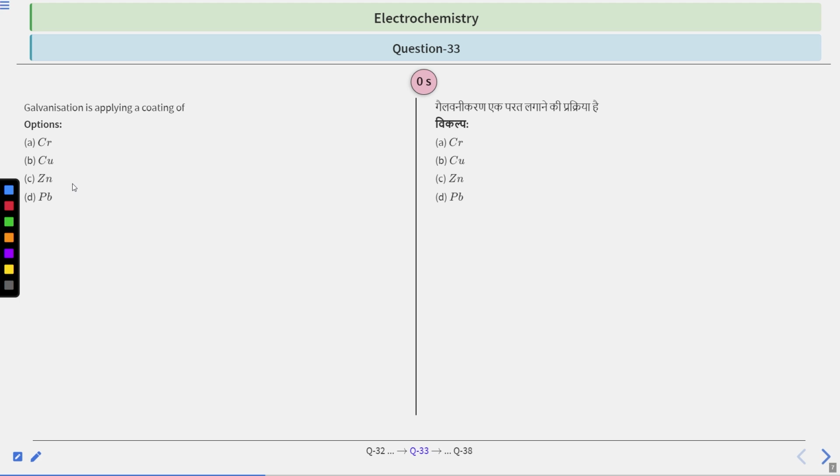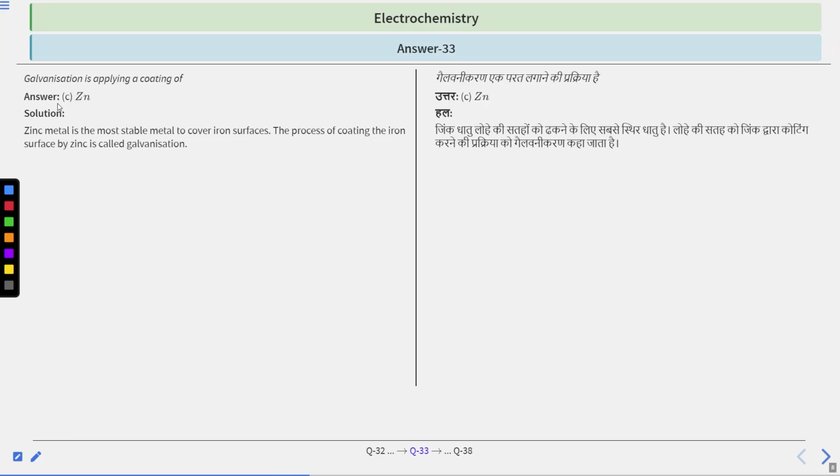Okay, let's see the correct answer, which is option C, that is zinc. Basically, according to the galvanization concept, zinc is the most stable metal to cover iron surfaces, and the process of coating the iron surface with zinc is called galvanization.